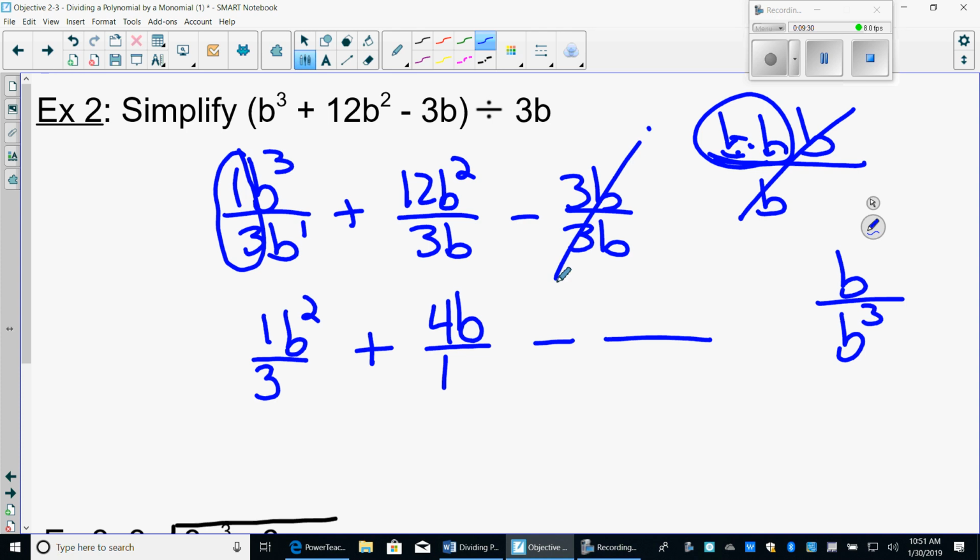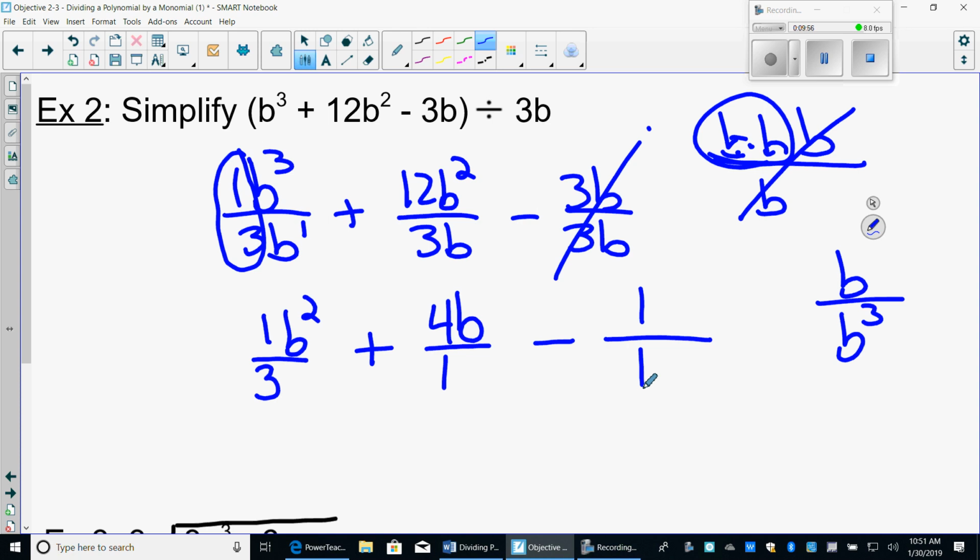So everybody says those cancel. So here's my question to you. Do you need anything here or not? Technically, what's there? 1s. Right? Because 3 over 3 simplifies to 1 over 1. You with me on that? The question is do I need those 1s? Okay? When do you not need 1s?